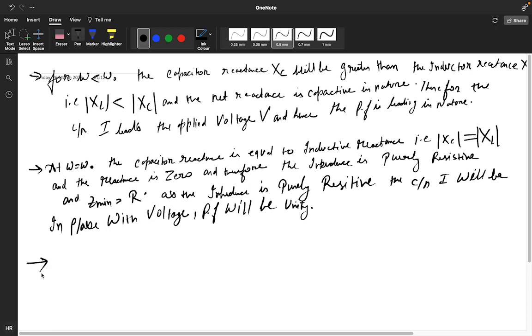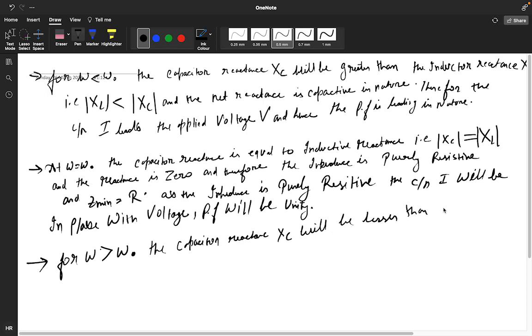Okay, now for omega greater than omega naught, the capacitor reactance XC will be lesser than the inductor reactance XL.